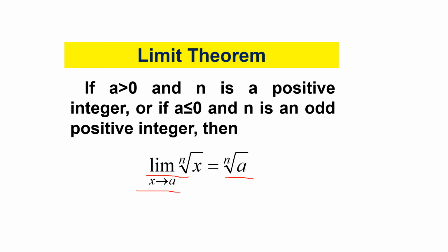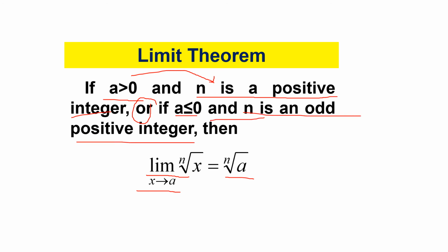As long as we satisfy this condition, that a is greater than 0, which is furthered to n is a positive integer. Or if a is less than or equal to 0, which is furthered to n is an odd positive integer.